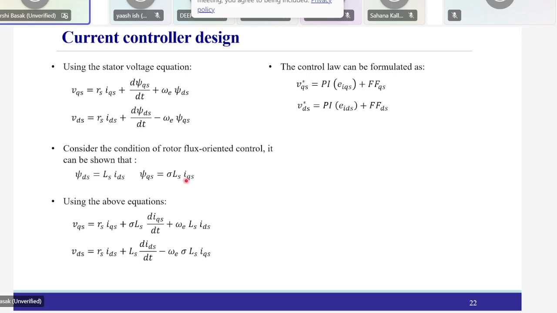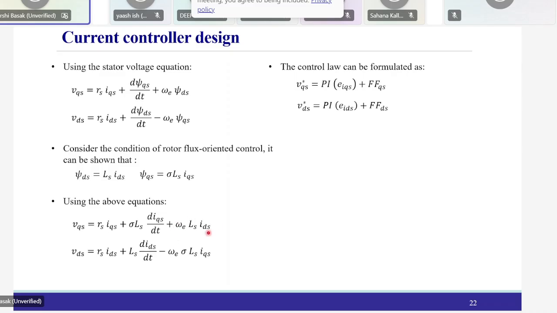So we will try to actually have an expression, and if you substitute here, then you will get the dynamic equations corresponding to IQS and VQS. So this portion corresponds to your IQS dynamics. Okay, here the IQS is differentiated, and VQS is my forcing function, right?